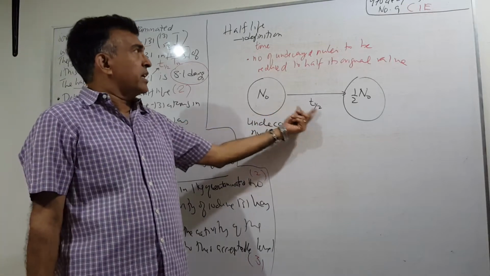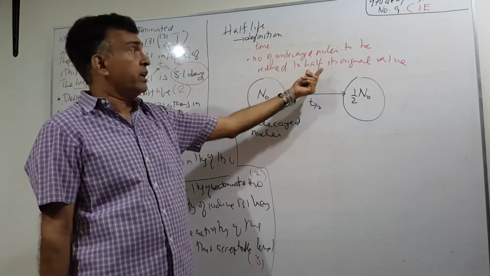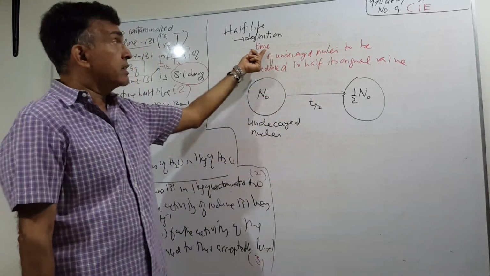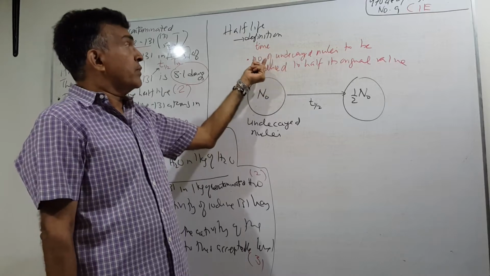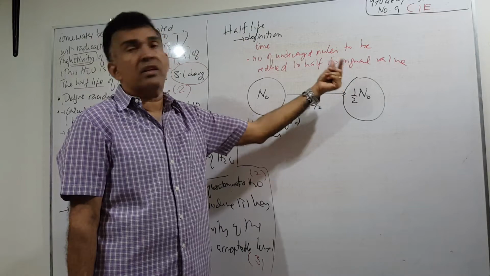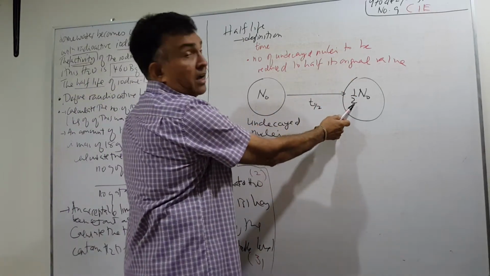The time that it takes for the number of undecayed nuclei to be reduced to half its original value: you start with N0, you end up with a half N0.